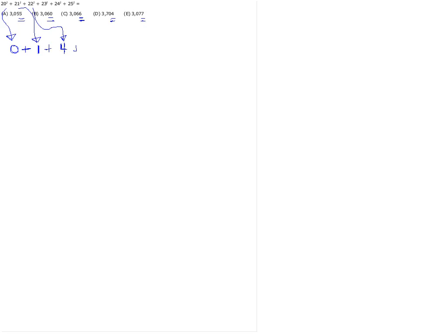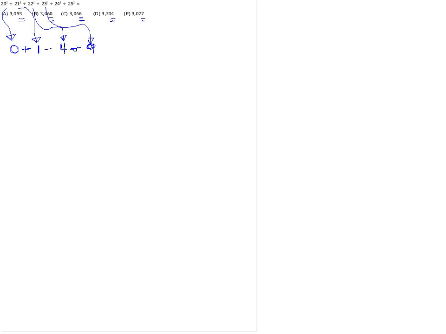Okay, what's the unit digit of 23 squared? Well, since 3 squared is 9, the unit digit of 23 squared is 9. Notice the 2 in 23 was completely irrelevant here. The 2 in the tens position will never contribute to a unit digit. Only unit digits make other unit digits.